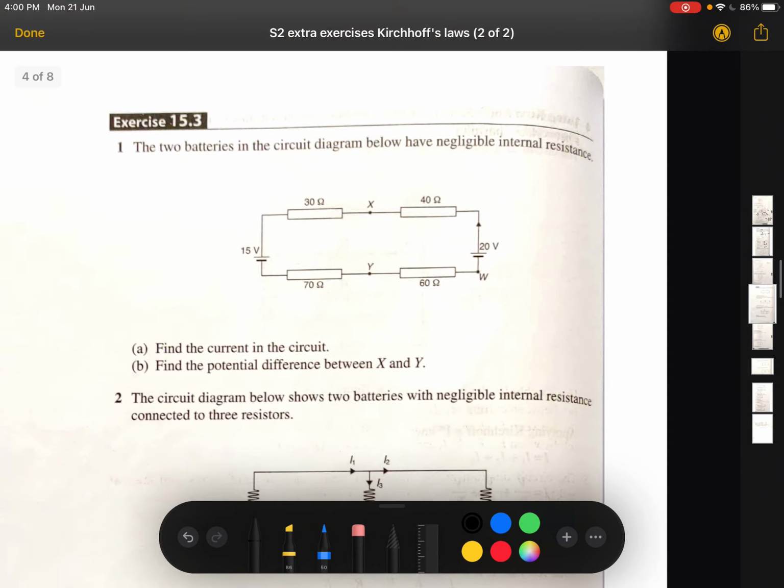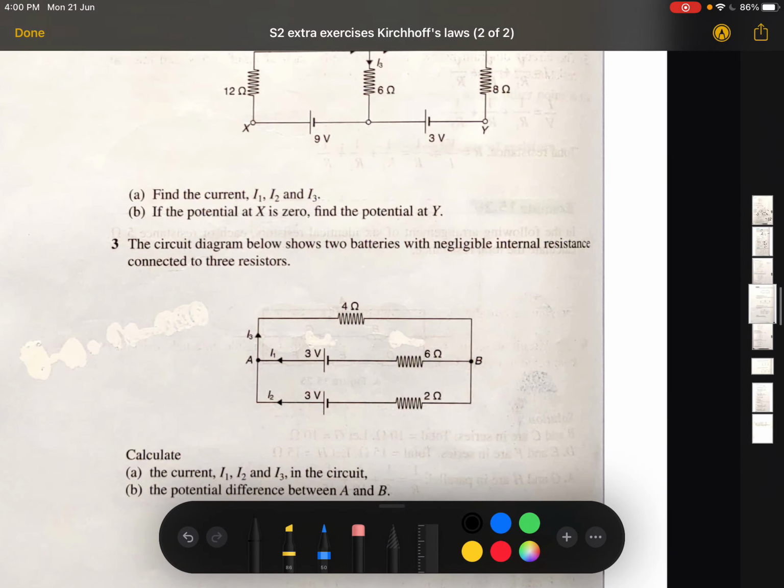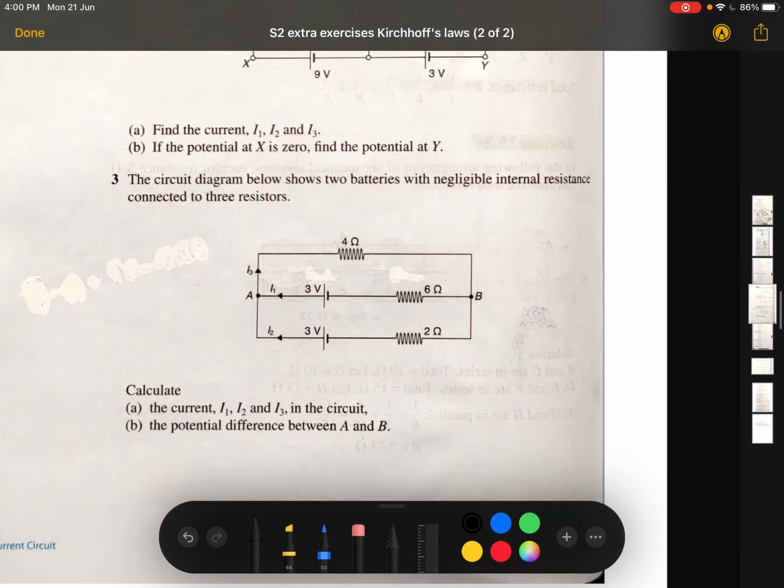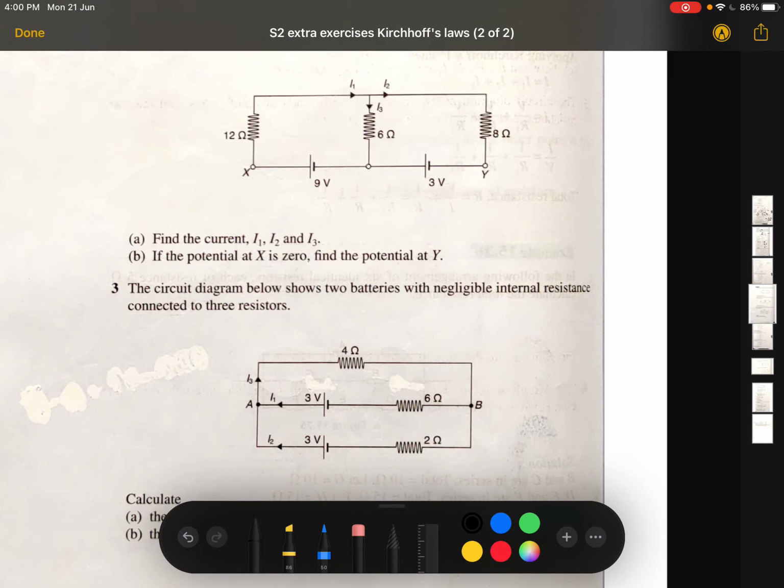Let me just find another one that I can try my things on. This one, X and Y. So how do I find X and Y? Vxy is equal to Vy minus Vx. Vx is 0, so it's equal to Vy. So Vy is equal to Vxy. So how do I find Vxy?